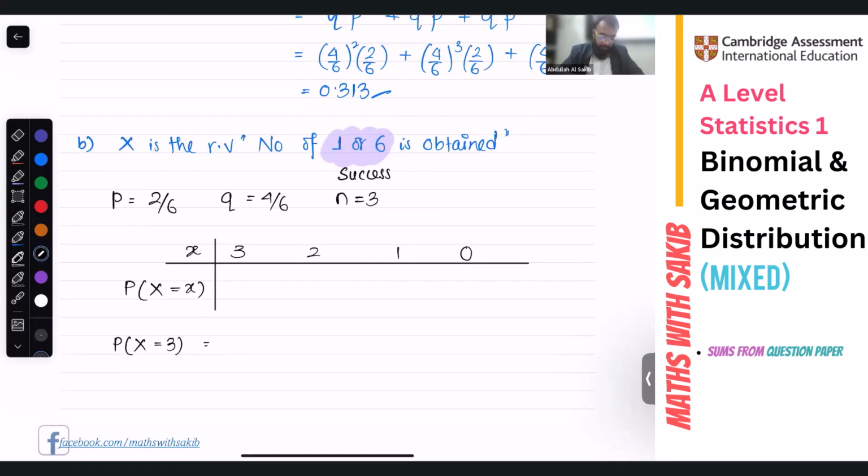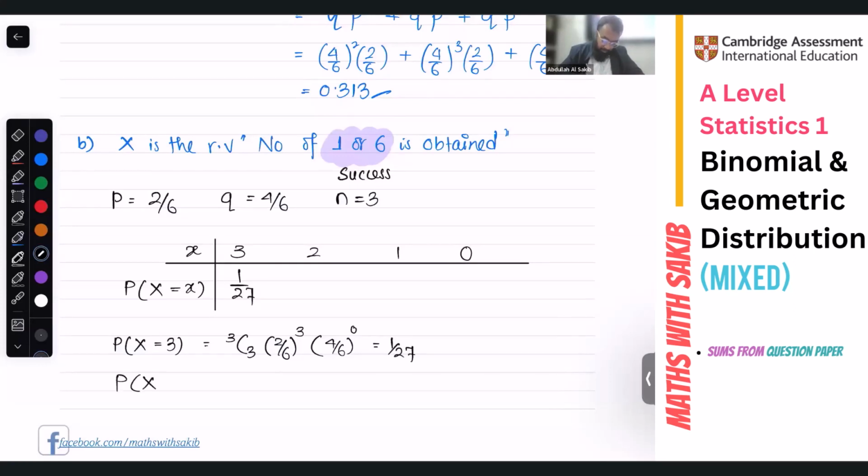Out of 3 throws, there were 3 successes. So that means 3C3, success to the power 3 and failure to the power 0. That is 2 by 6 cubed, so that is 1 over 27. Clear?